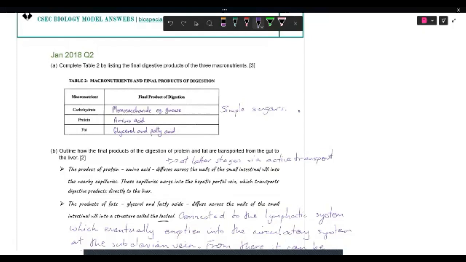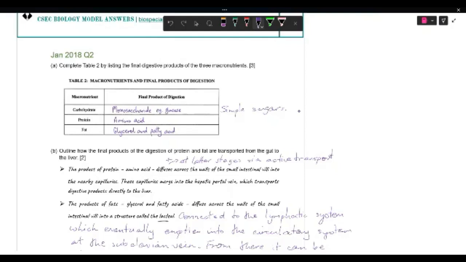Another example of a simple sugar would be fructose. When you break down sucrose, you get glucose and fructose. So therefore, you really can't give glucose as the final product. It has to be either monosaccharide or a simple sugar.